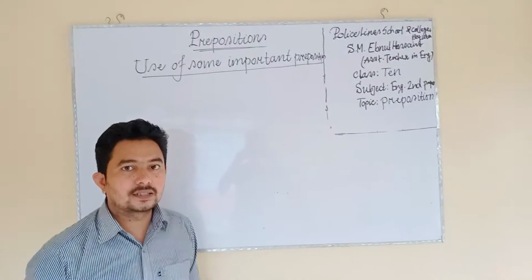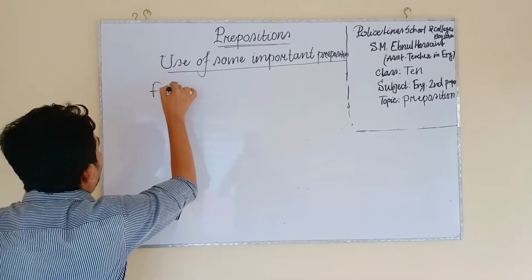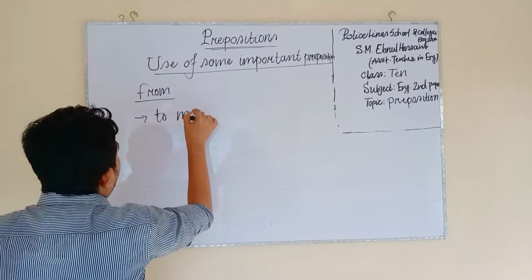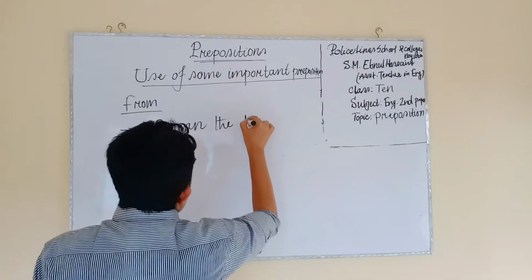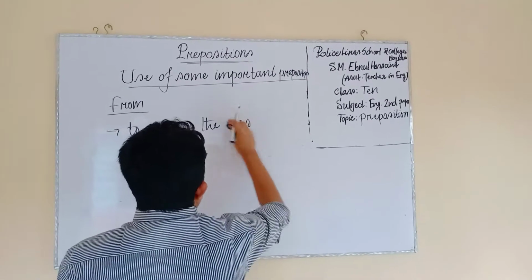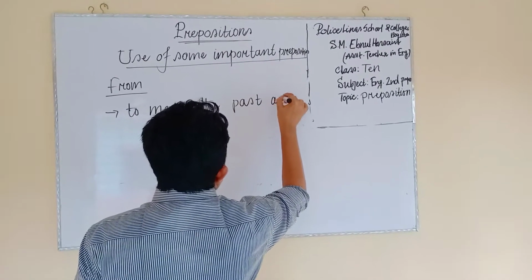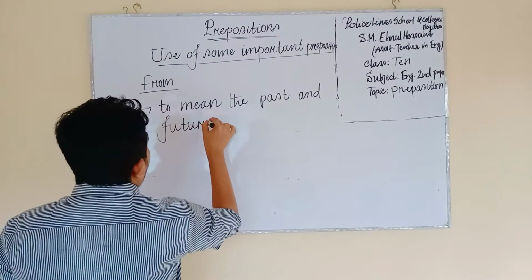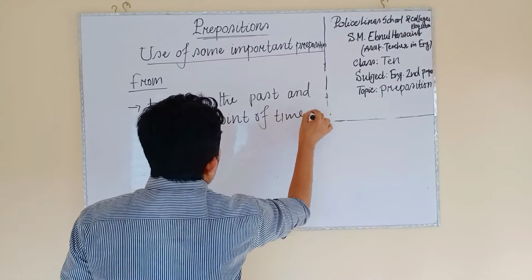Let's learn another preposition, from. From is used to mean the past and future point of time.